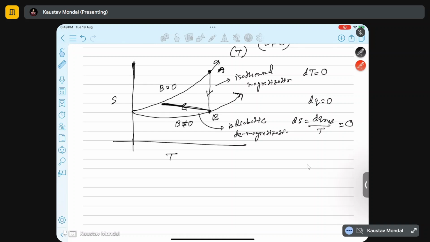Now if you repeat the process again and again, this will shift the system to a cooler temperature.